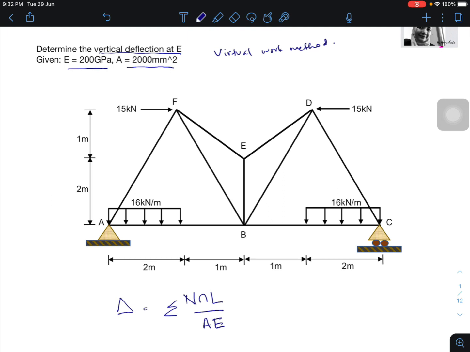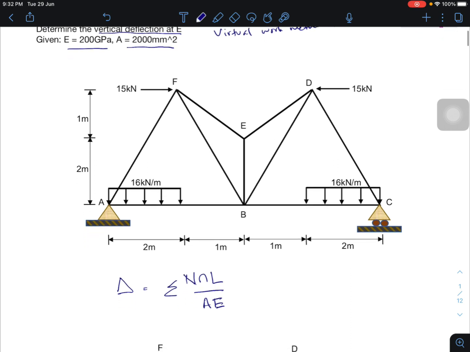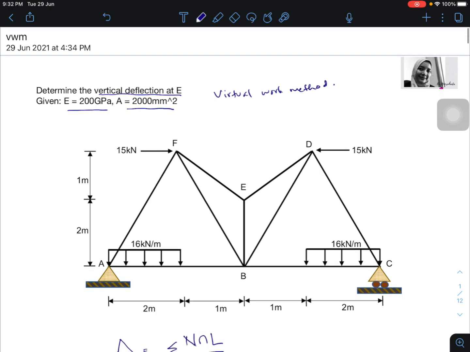Capital N is the member force due to real load applied to this truss. Small n is the member force due to virtual load. The virtual load of 1.0 is used for this solution. L is the length of each member. A and E are based on these two values.